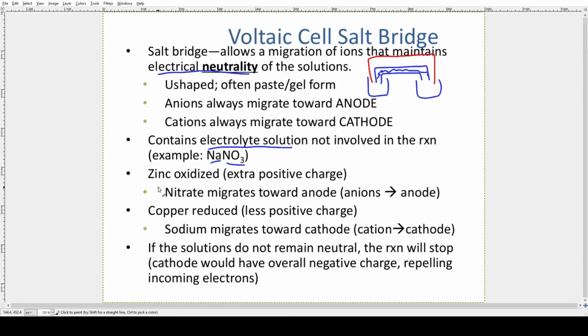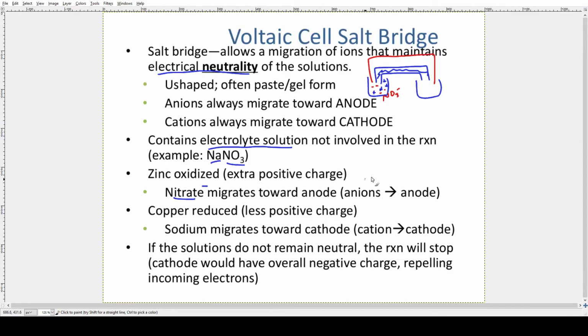So for example, when zinc is oxidized, like I was saying before, we get more and more positives over here. So what will happen is nitrate, which is negative, will go through the salt bridge and be like, I'm here to save the day. And they will add more negatives to cancel out those positives that the zincs are adding.